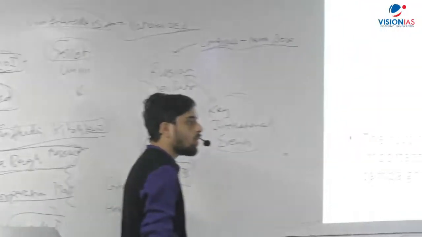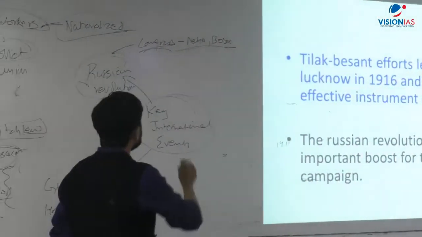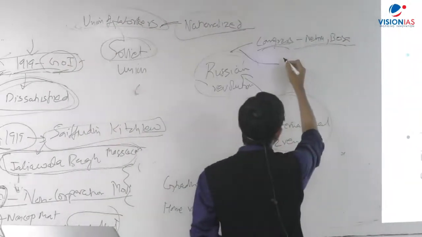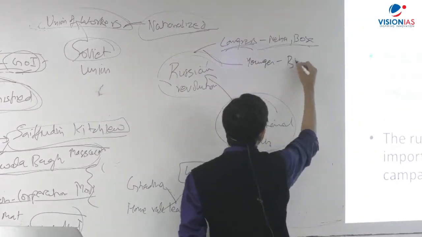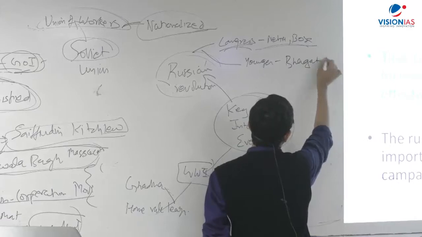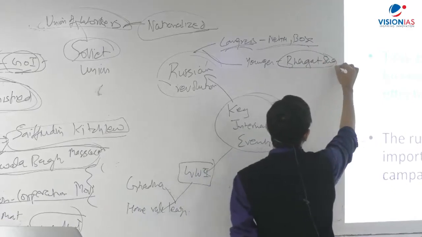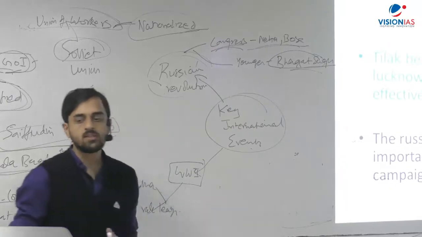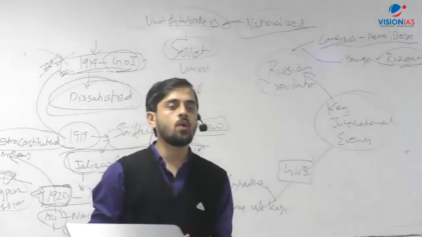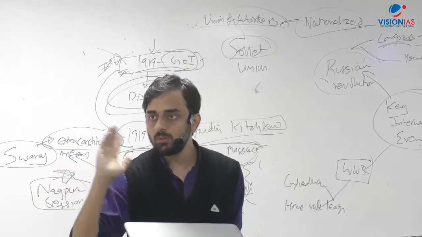But apart from the Congressmen also, the Russian Revolution inspired a number of other younger revolutionaries, such as Bhagat Singh, Sukhdev, etc. And they were of the opinion, we will see later, they came to an understanding that independence cannot be achieved merely by the overthrow of the British.